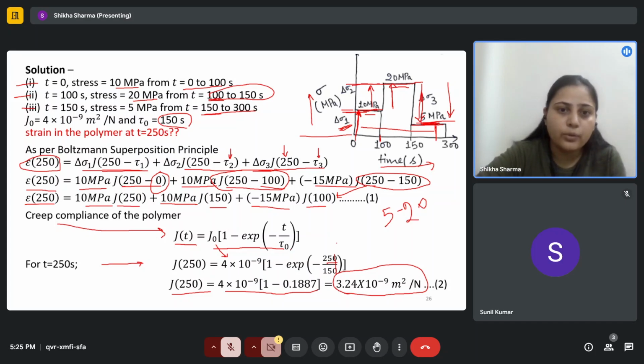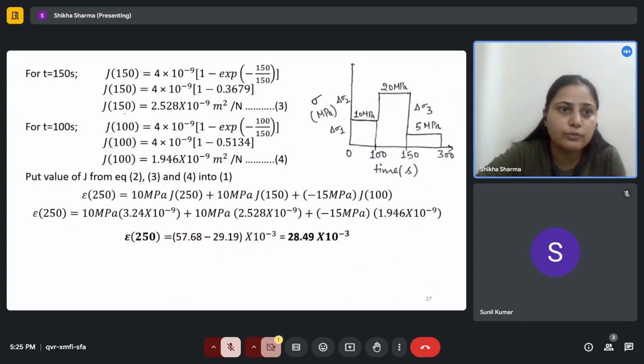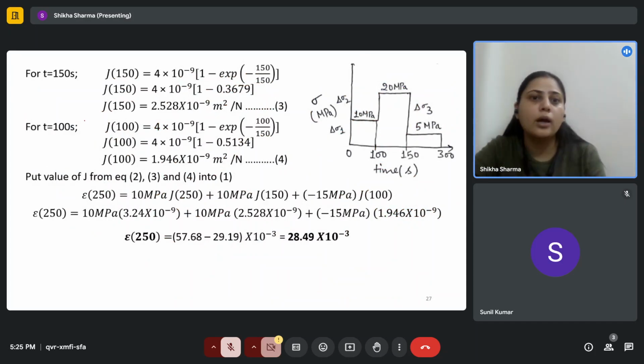Same we will calculate for the creep compliance at 150 and at 100 seconds. Creep compliance at 150 seconds equals J naught, which is 4 into 10 to the power minus 9, multiplied by 1 minus exponential minus the time, 150 seconds, divided by the stress relaxation time, which is 150. So this will be cancelled.